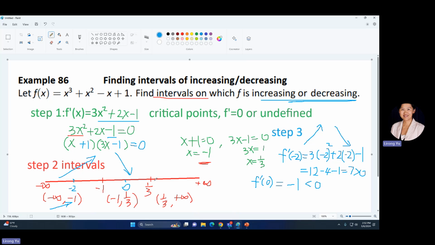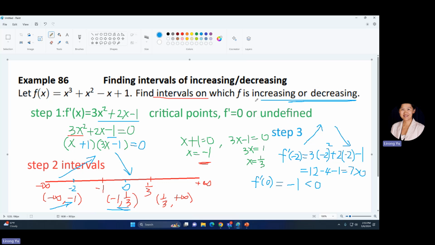That's exactly how a cubic function behaves. Remember, this is -1, this is 1/3. But I'm not sure about the y-axis, so this is just a sketch of the picture, not the exact picture, but at least we see where everything is going. All right, so that's the second interval, a decreasing interval.